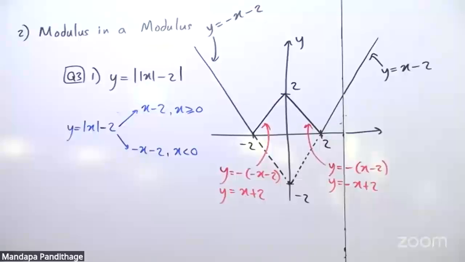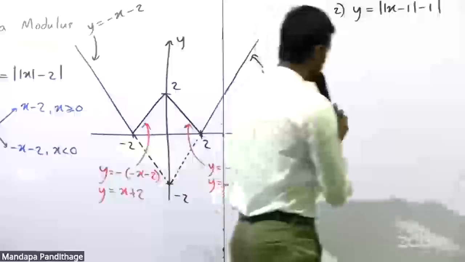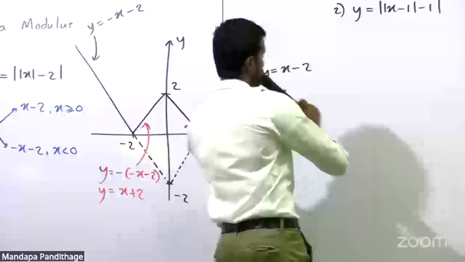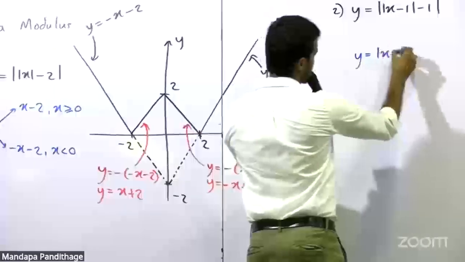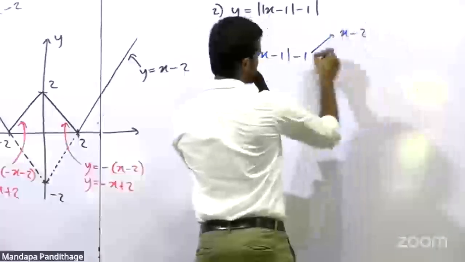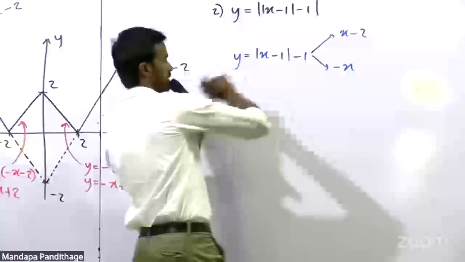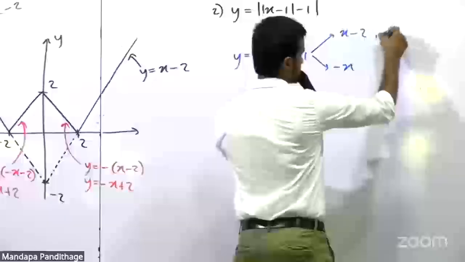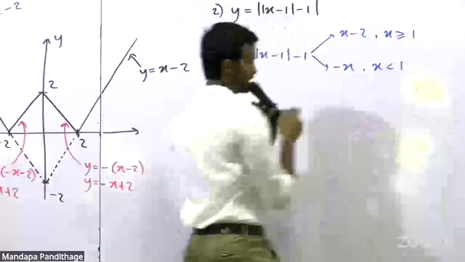modulus x minus 1, minus 1. So here first draw the graph y equals modulus x minus 1, minus 1. You get x minus 2 and you get minus x. You get minus x when x is greater than or equal to 1, and this is when x is less than 1.